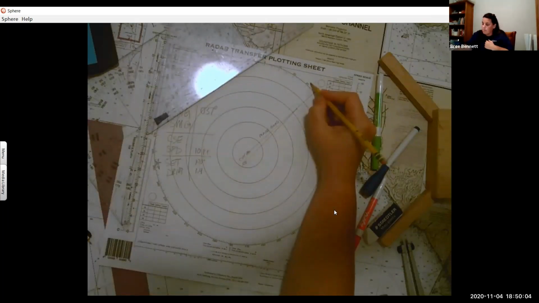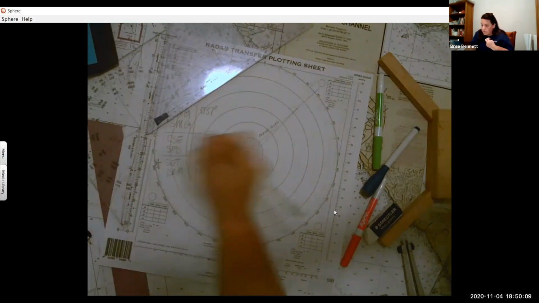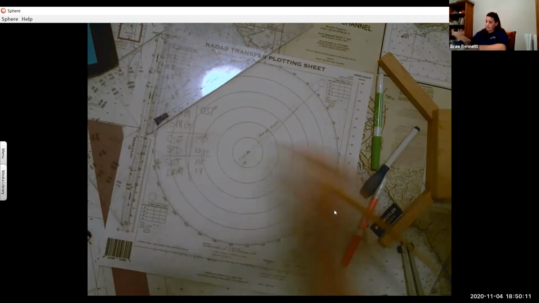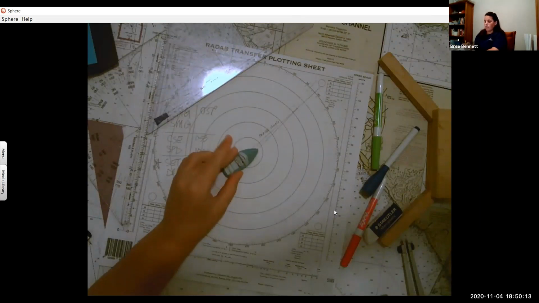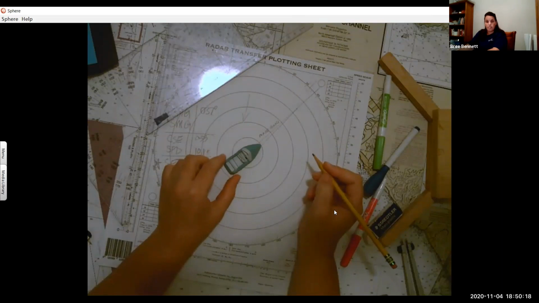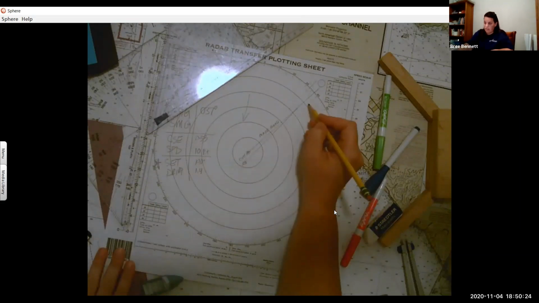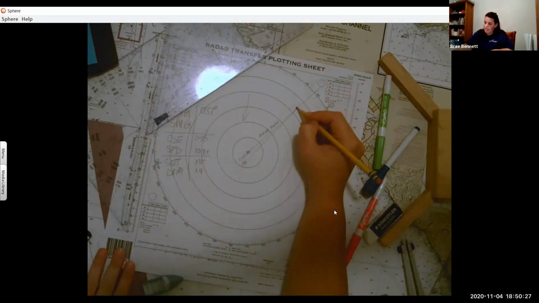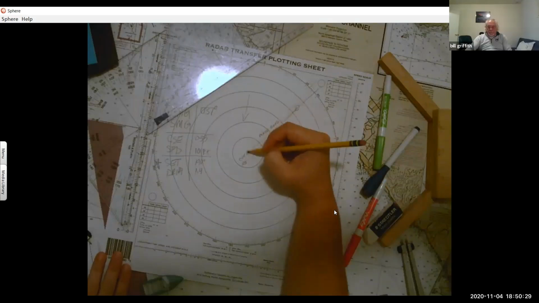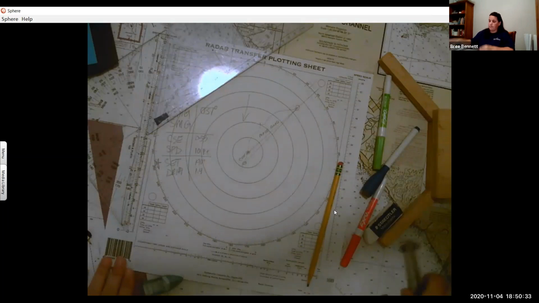Our course to steer being 033, which makes sense: if we want to make this good and the current is pushing us this way, we need to steer into it. And then I think the question was, what was our speed made good? So now we have the end of our speed line, so we can measure the length and get our speed made good.